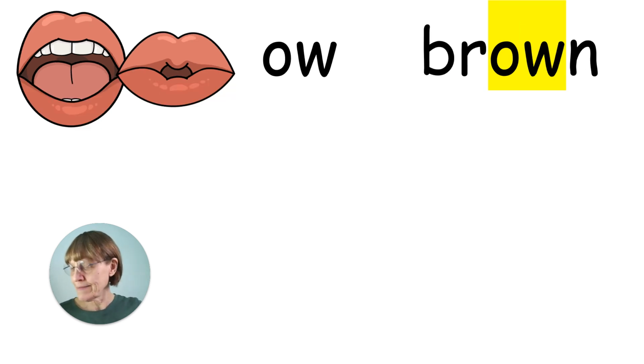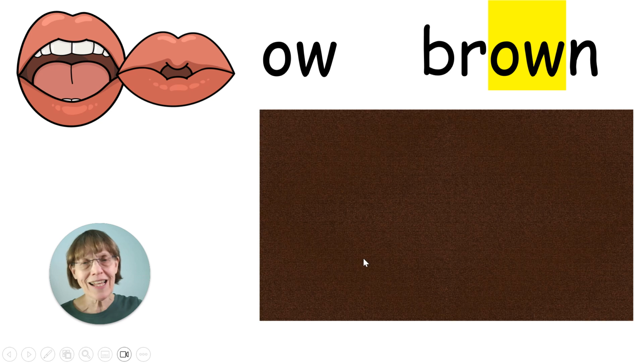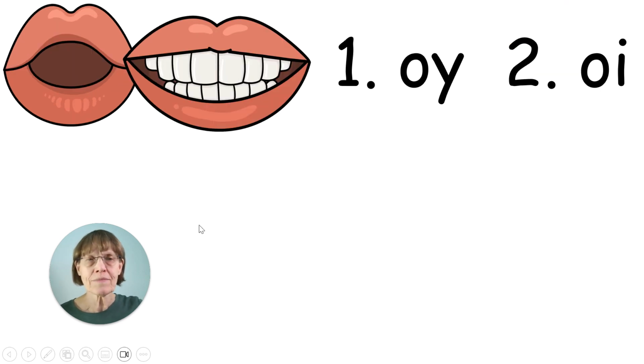Please read. So we have the B and R sound together. Burr. Then our ow, and then our n. Brown. Brown is a color, brown.